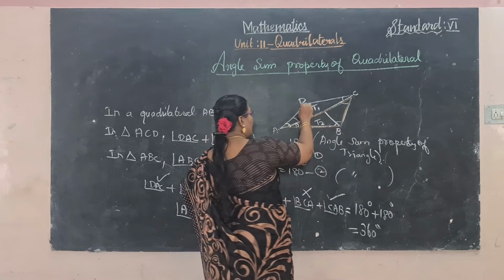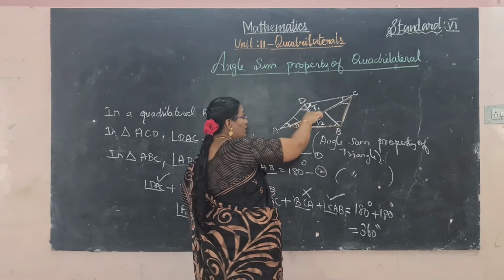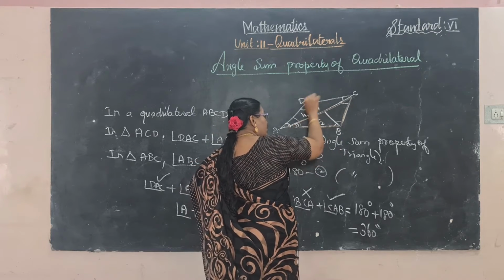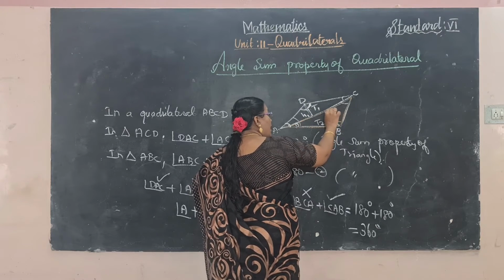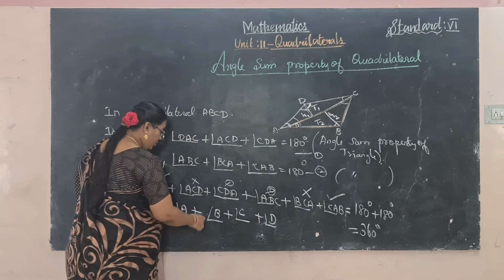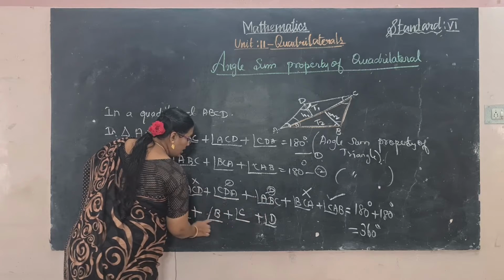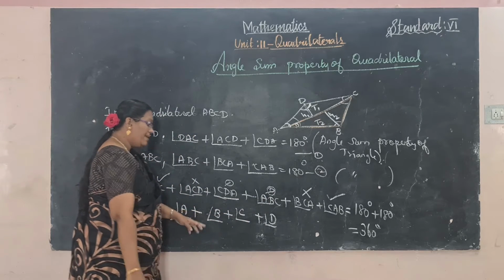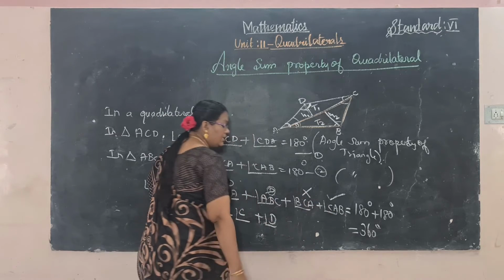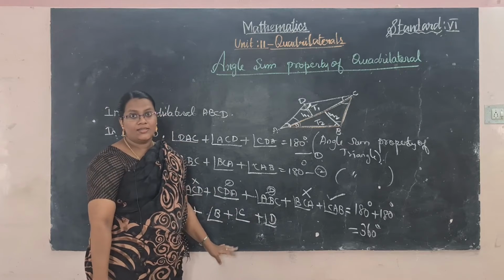So this line is a height of the first triangle, and this is a height of the second triangle. So we have considered this one as D and this one as B. So angle A plus angle B plus angle C plus angle D is equal to 360 degrees.